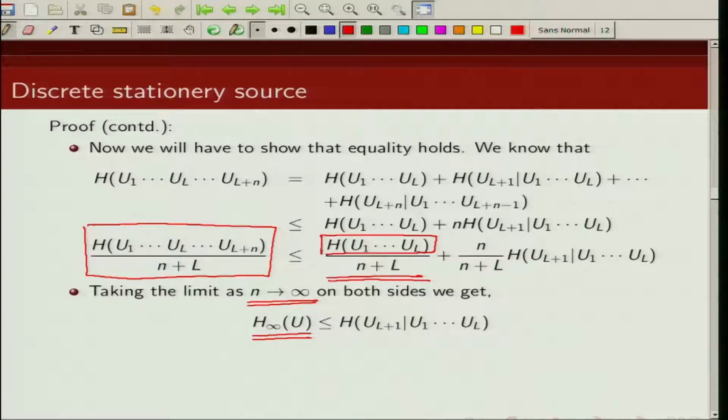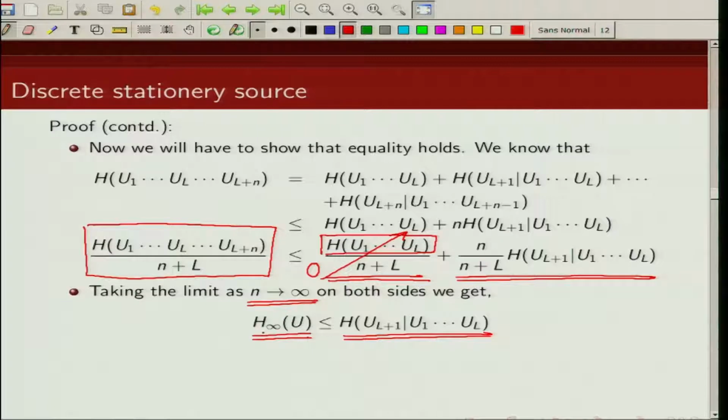This is the joint entropy of U1, U2, U3, ..., UL. So this is a finite quantity, divided by n plus L, where n goes to infinity. So as n goes to infinity, this particular term will go to 0. Now what about this? This we can write as 1 plus L by n. Now as n goes to infinity, this will become this.